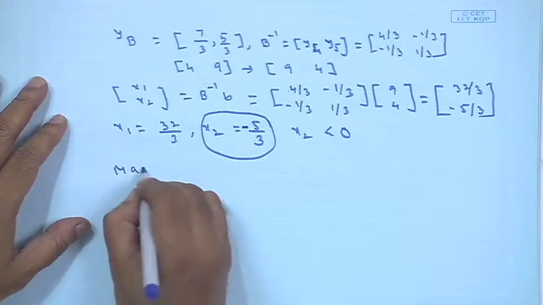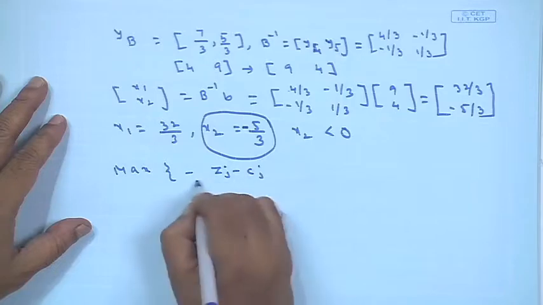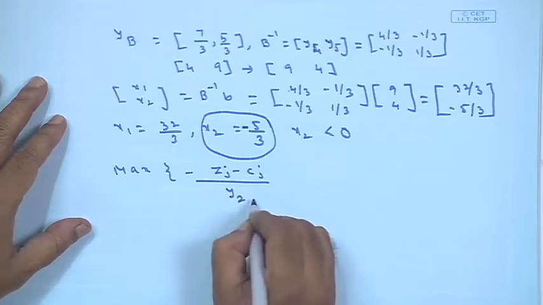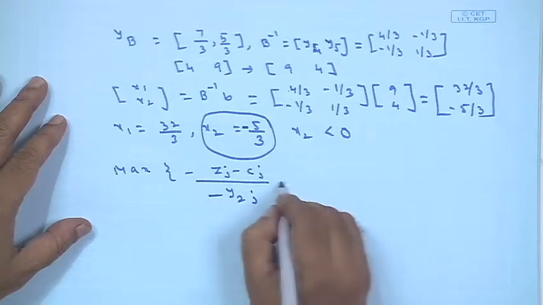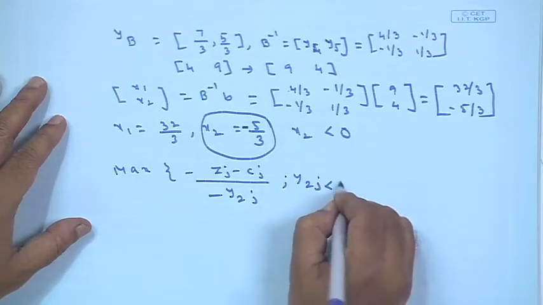I have to find the maximum of minus of Zj minus Cj by minus of y2j, where y2j is less than 0.